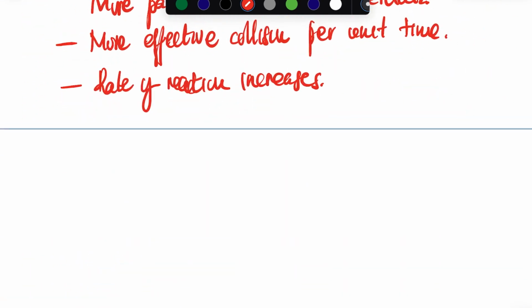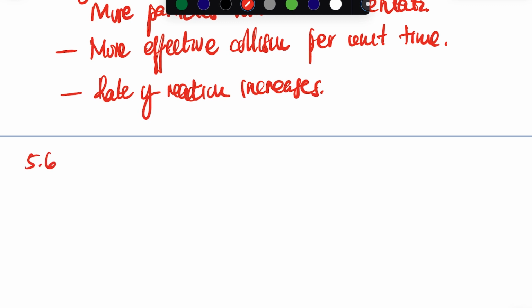So what are we going to do in 5.6? We're going to change that volume into number of moles, right? That's the first thing. So that volume is 500 cubic centimeters. I'll divide it by 1000 to change it into 0.5 dm3.